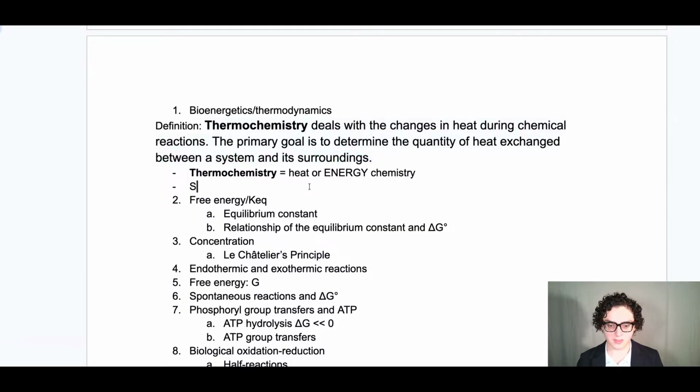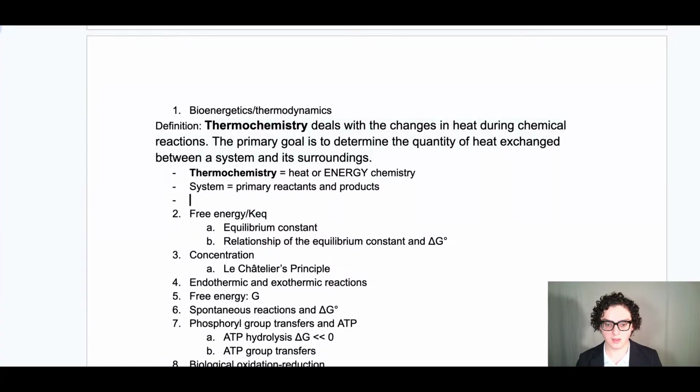When I think of this, I think of the system as primary reactants and products, and surrounding is everything else.